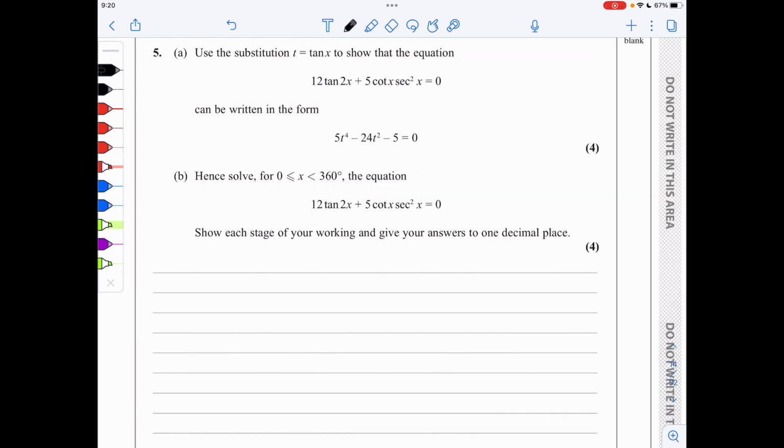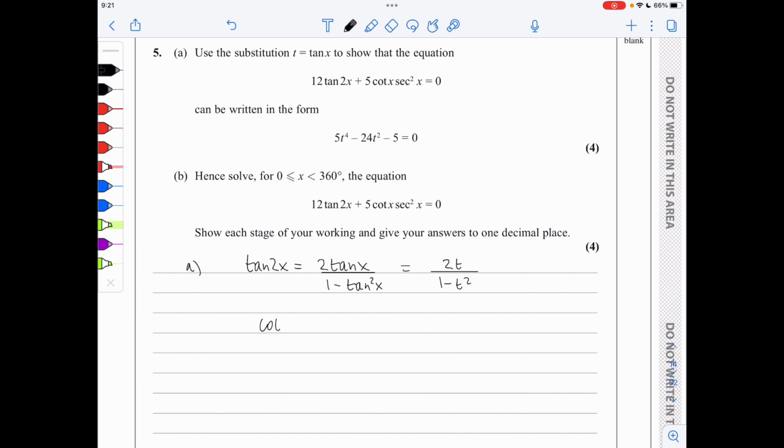Question 5, we need to take this equation here that involves tan of 2x, cot x and sec squared x, set t to be tan x, and obtain this quartic. So I will start by saying that the double angle for tan 2x is 2 tan x over 1 minus tan squared x, and according to the substitution of t being tan x, is simply 2t over 1 minus t squared.